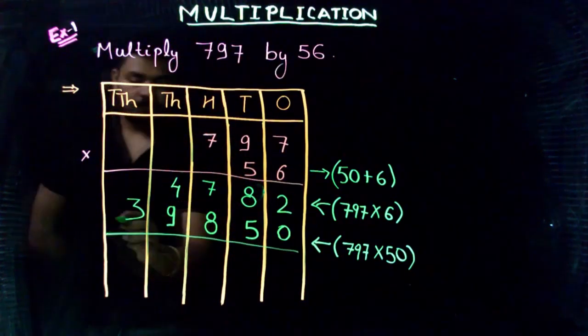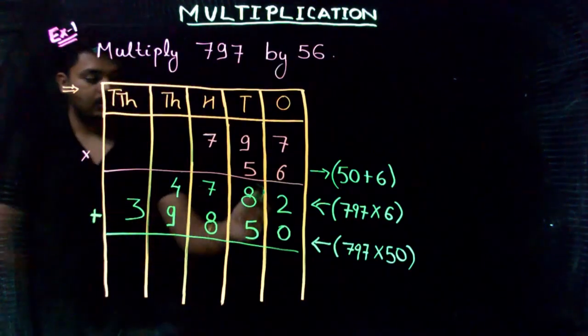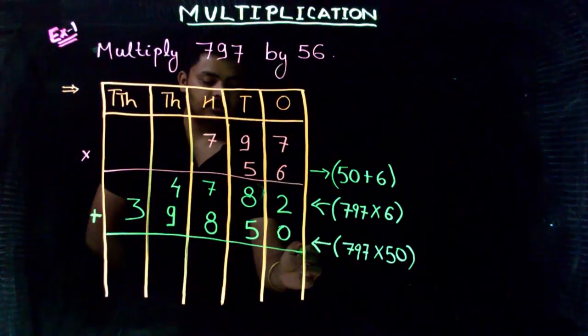So now we need to add up the two numbers to get our resultant product.